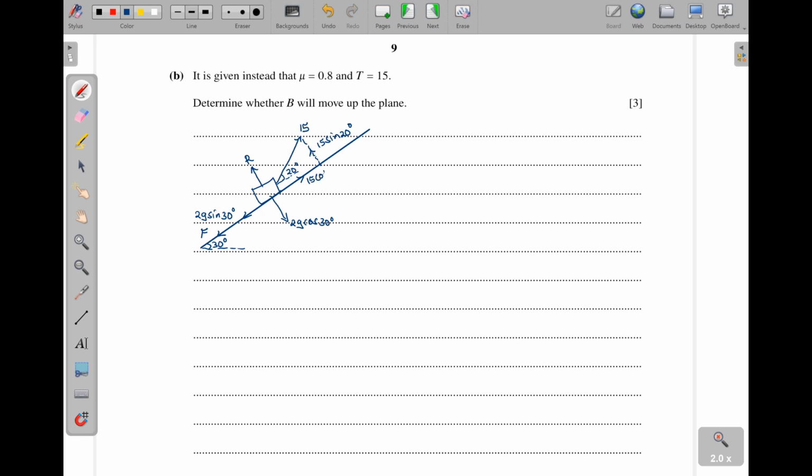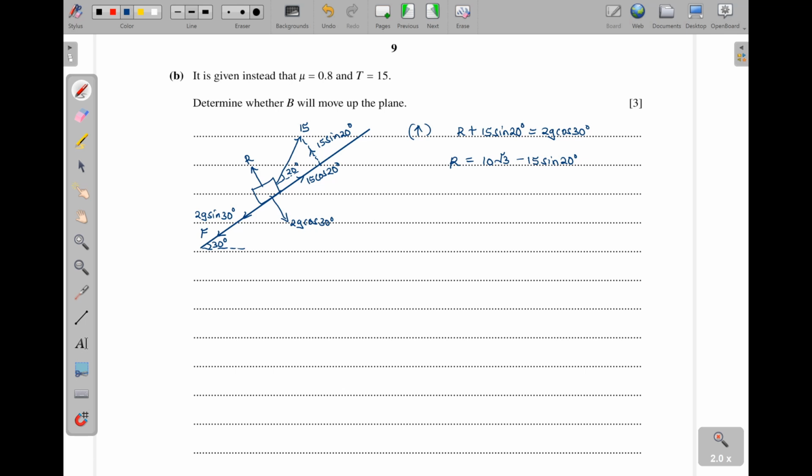Now, vertically, R plus 15 sine 20 is equal to 2G cosine of 30. These ones going up are equal to those going down. We don't have vertical motion. So R is going to be, of course, 20 times root 3 over 2, that one will be 10 root 3 minus 15 sine 20.